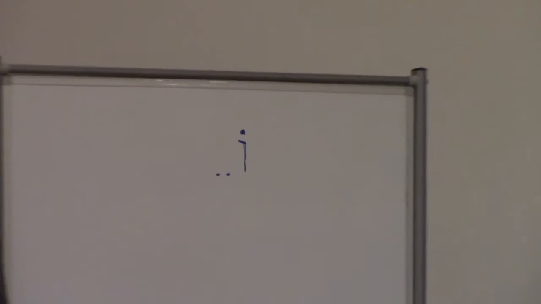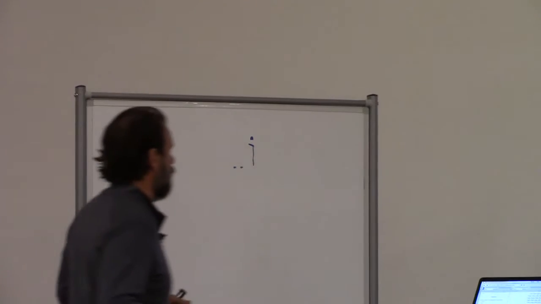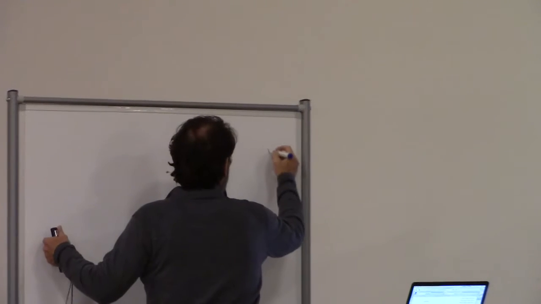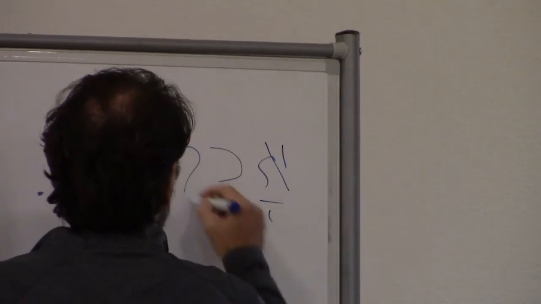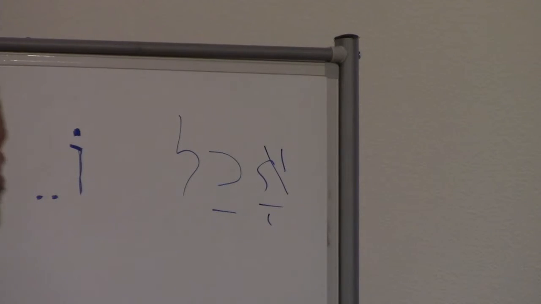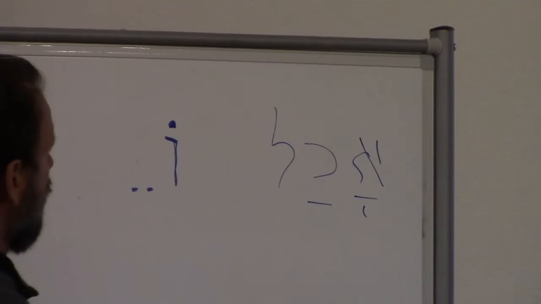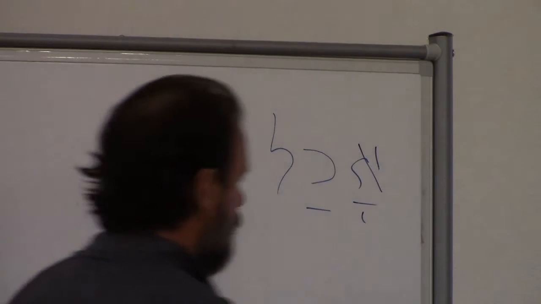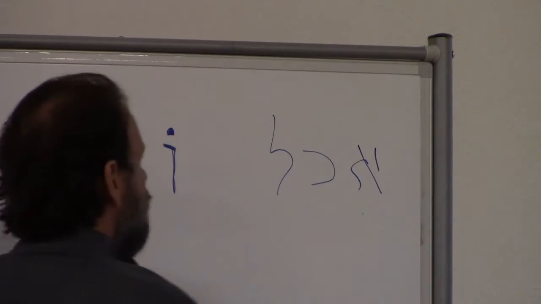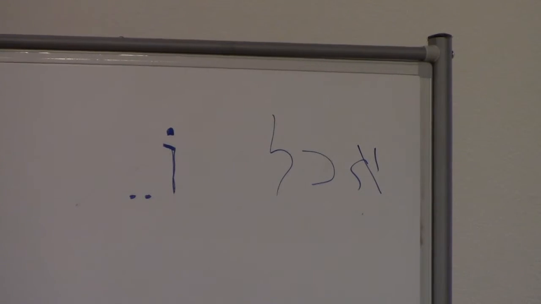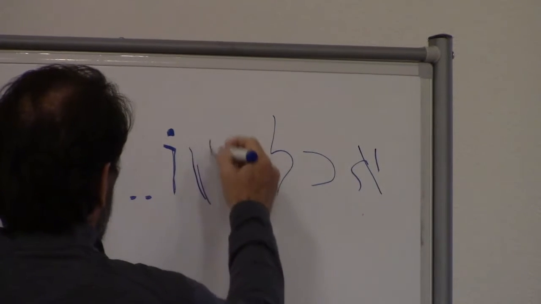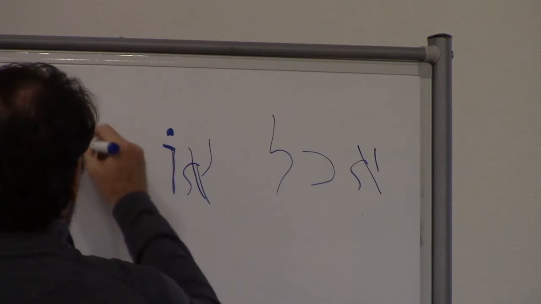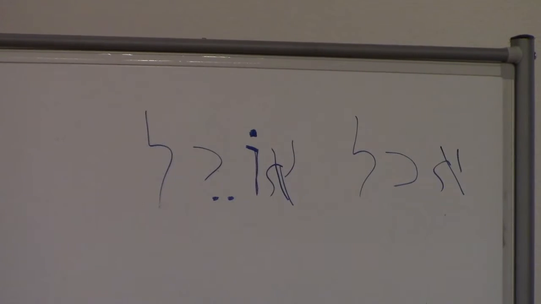Then you take your root word, like this first one, achal. We're going to forget about the vowels and write it without the vowels. Then we move these over into place, just like this, and we've got the active participle.